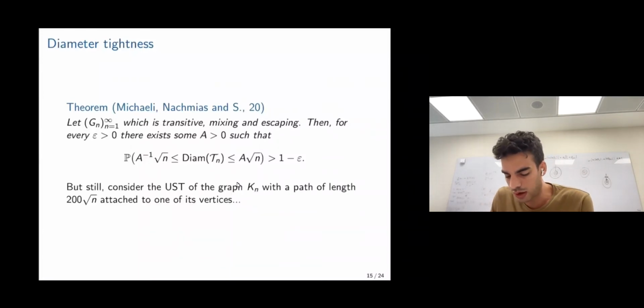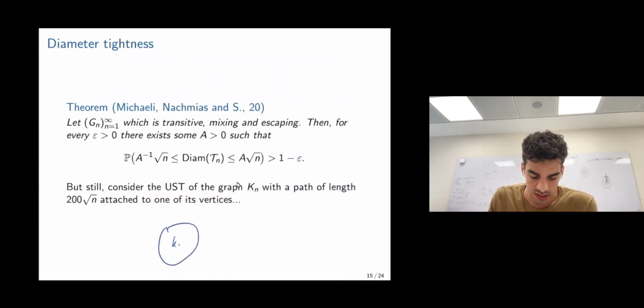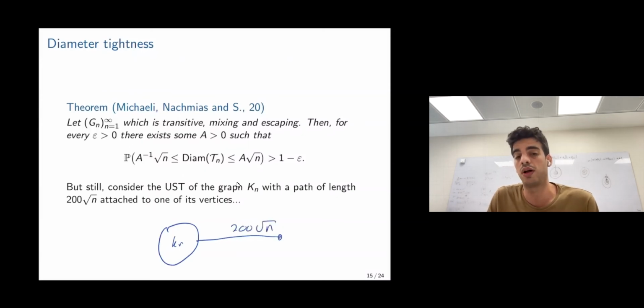But this obviously also does not imply that there is a convergence of the rescaled diameters, right? Because if we take Kn and now attach a path of length 200 square root n, the diameter will still be of order square root n. This condition holds. Distances will still converge to the distances in the CRT.